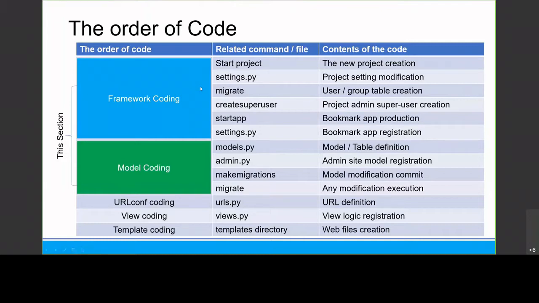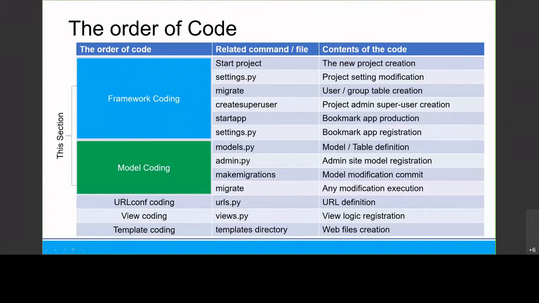So after we set up the framework, we can do the models. The model means we want to make the database. And there will be some steps. You can define the models. After you define the model, you put the model into the admin.